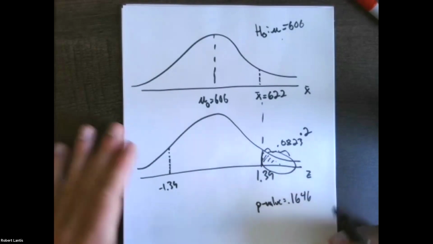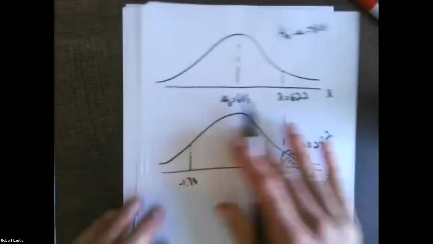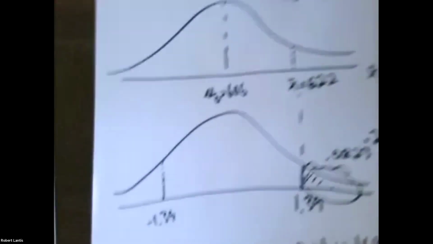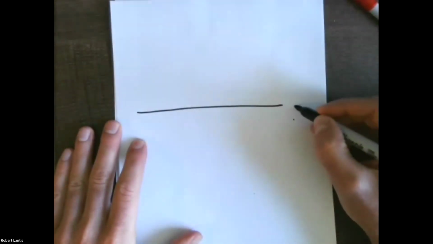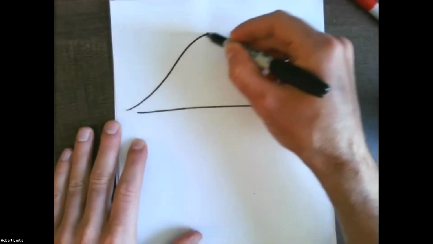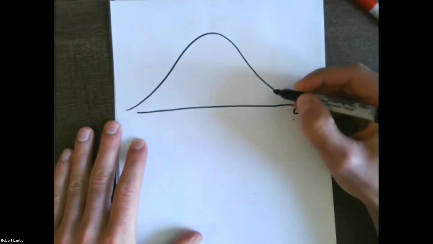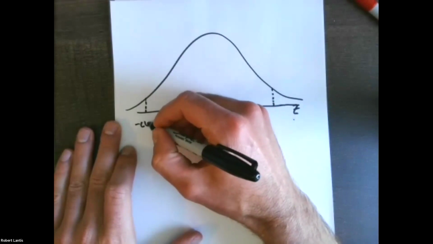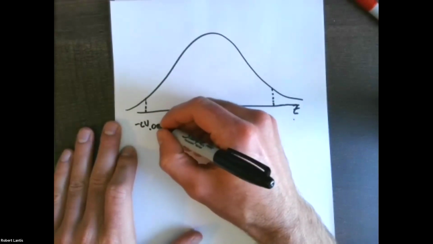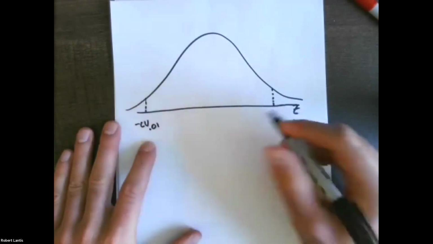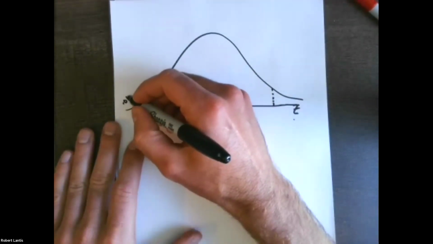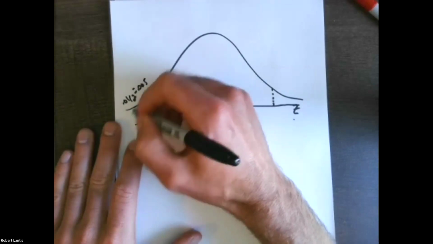Now, what if I instead had done the critical value approach? I could still set up the same way, but I'm going to think about it a slightly different way. So here, I'm looking at my critical values. I want a pair of critical values that give me 0.01 total in the tails, or 0.01 over 2 in each tail.